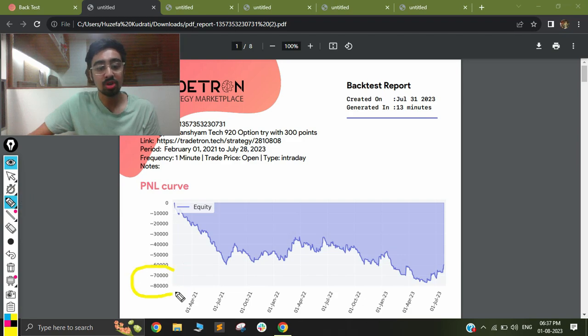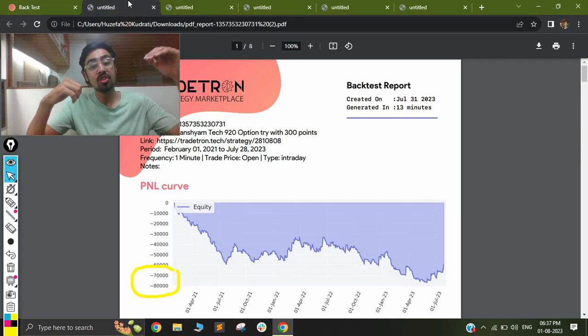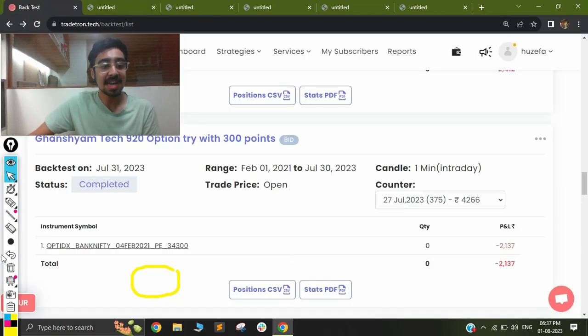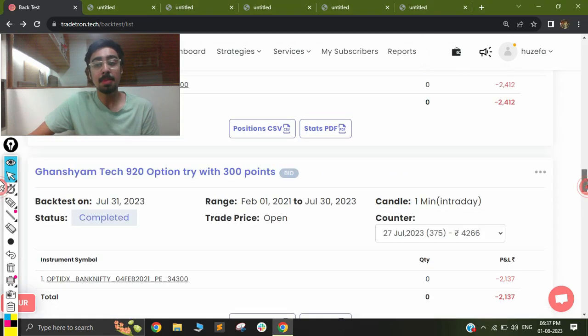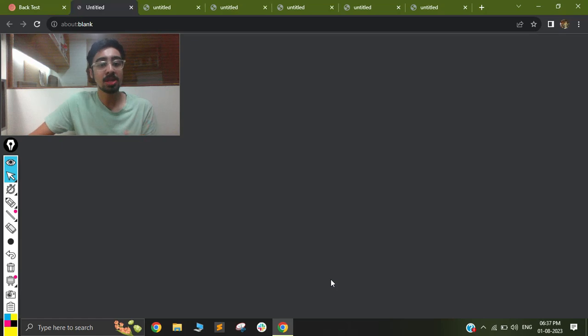So what was previously 70,000 has now gone towards 80,000, which means that it is going further deeper. Wherever there is some edge, it is captured more when I'm going more in the money. So with that logic, I'll try and push it to the limit by going 400 and 500 points in the money. So let's test with 400 points in the money and see what happens.